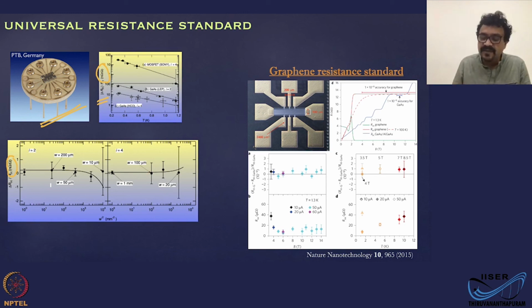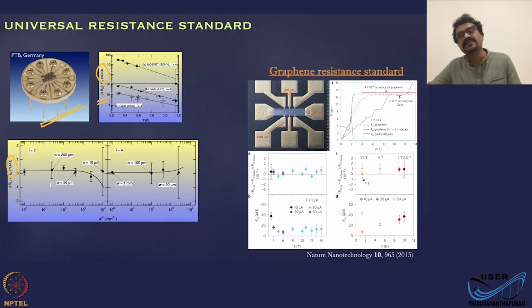Similarly, here these are done for various materials like gallium arsenide by various labs, and that is their overall error bar across all the devices. That is in nano ohms, 9 places after the decimal. Such a robust phenomenon, there is nothing better than this to standardize the resistance value.